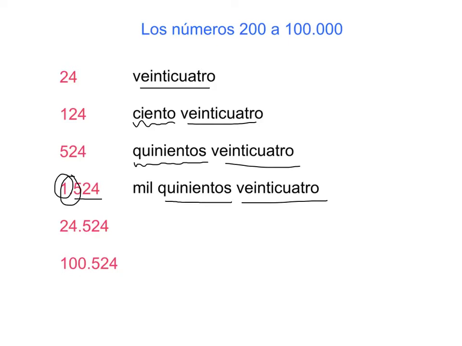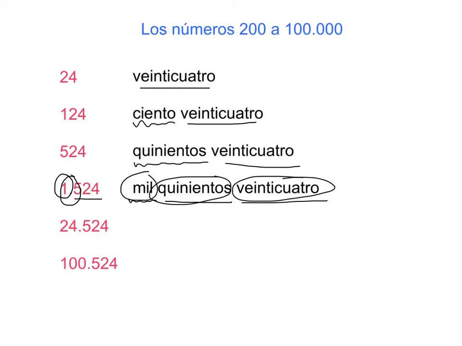And this is the thousands now, so we'll add our thousands place first, which is the word mil. Mil means 1,000. It's just 1,000, so that's all we're going to say, is mil. So we have 1,524 in three separate words.